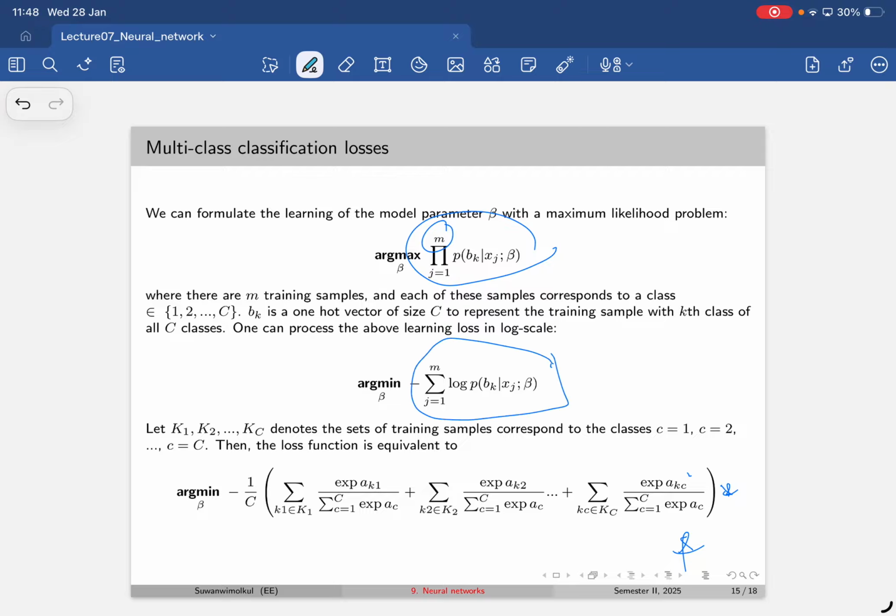Initially we decompose it with a log, in log space. But after that, we can start to group them into different classes. And this is like a general loss function when you do classification.